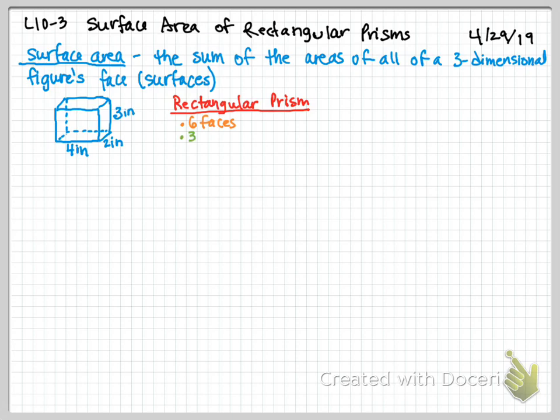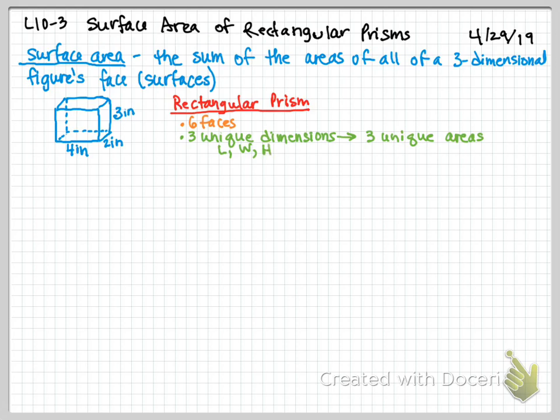Since we have 3 unique dimensions, a length, a width, and a height, that leads to 3 unique areas. Now, there are always exceptions. We could have 2 of the dimensions be the same number, or all 3 if it was a cube. But when I'm talking about unique dimensions, I have a length, a width, and a height. Okay, so keep that in mind.